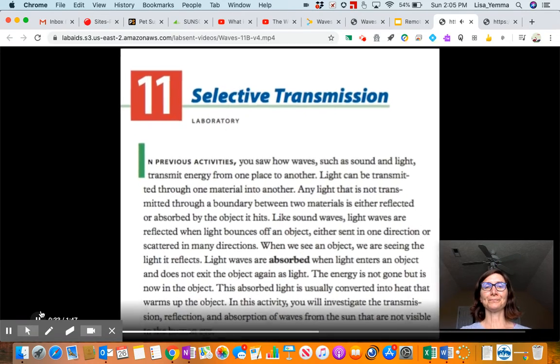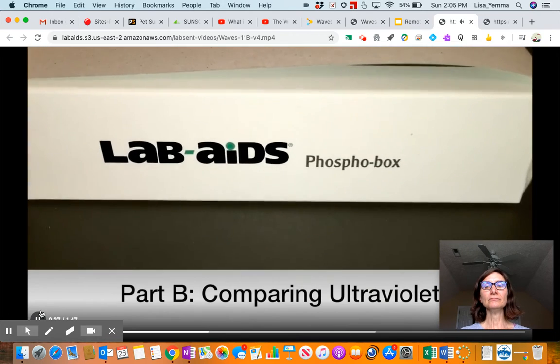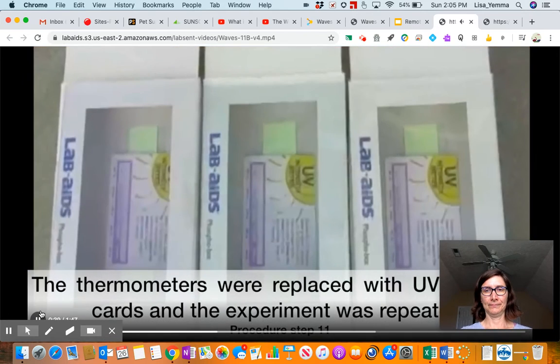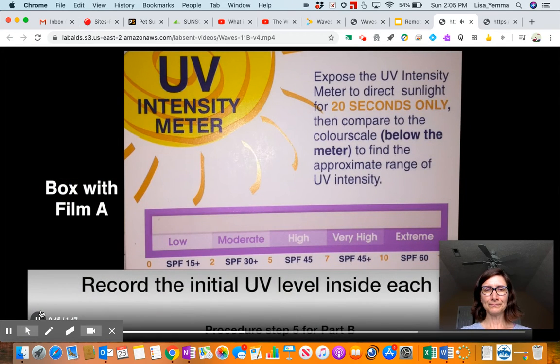Activity 11, selective transmission. Part B, comparing ultraviolet. The thermometers were replaced with UV detector cards and the experiment was repeated. Record the initial UV level inside each box. So this initial level to me was low. It's not super white, but it's not pink or purpley at all.